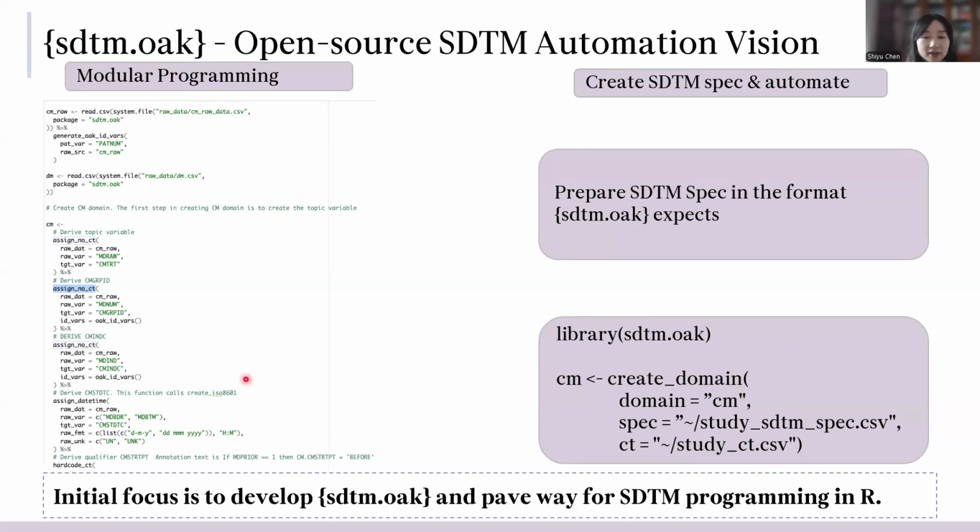So what we are thinking is that we can either try to use LLMs to auto-generate the repetitive code for you, or we can consider the option of creating one simple function call called create_domain, where you specify the specifications and control terminologies. And by running this function, it automatically calls all the mapping and derivation functions based upon your specs. And it will just return you the final SDTM domain.